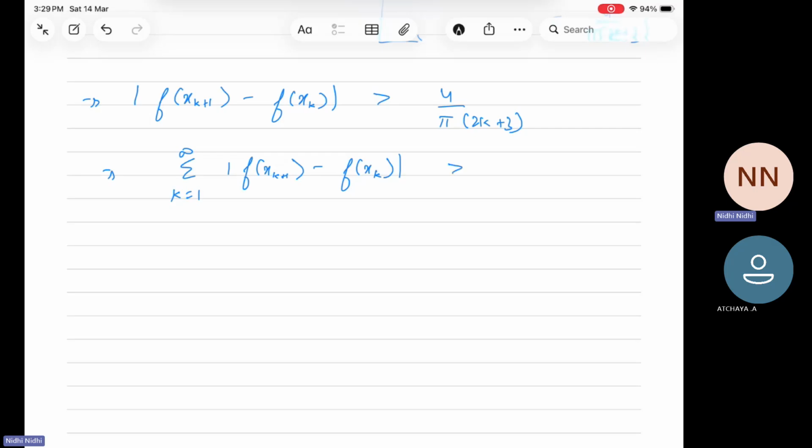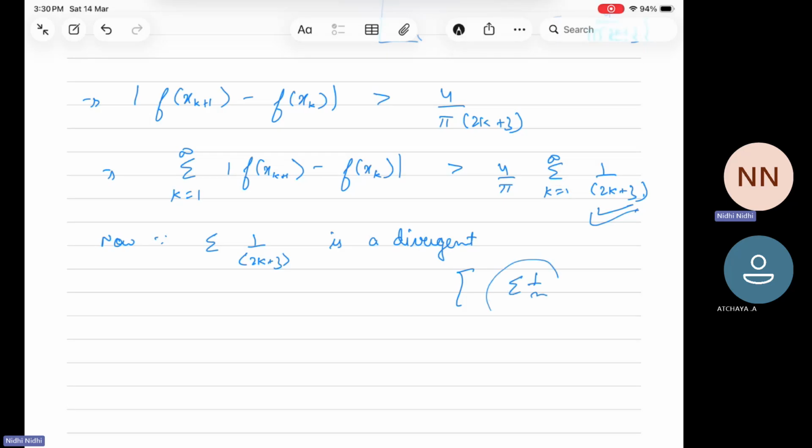This will be greater than 4 by pi summation k from 1 to infinity 1 upon 2k plus 3. And we know that this series diverges. Now, since summation 1 upon 2k plus 3 is a divergent series, because this is similar to summation 1 by n, you must have seen that summation 1 by n goes to infinity.